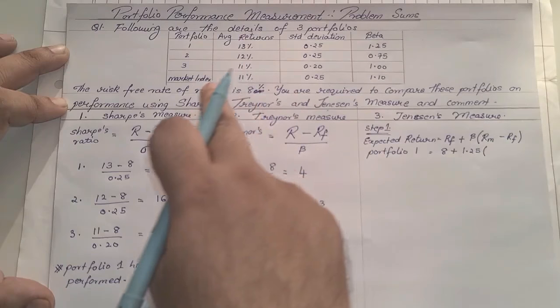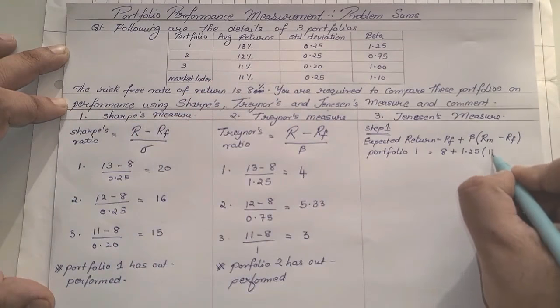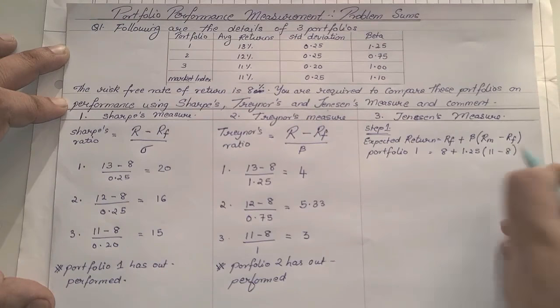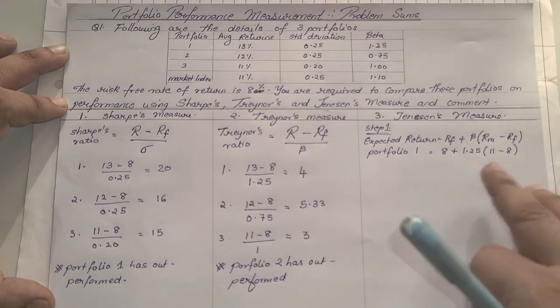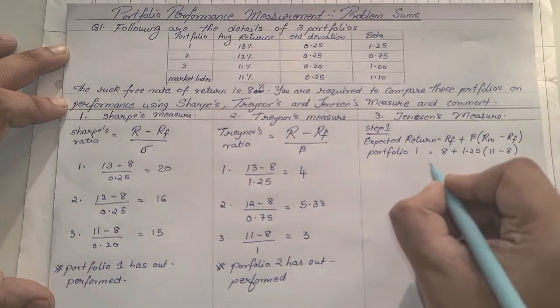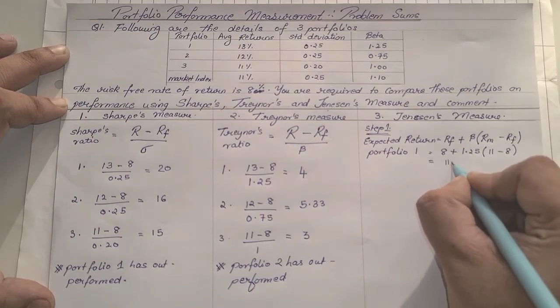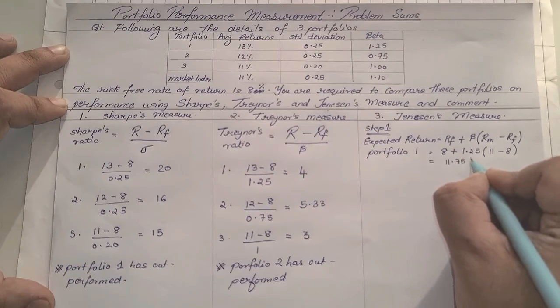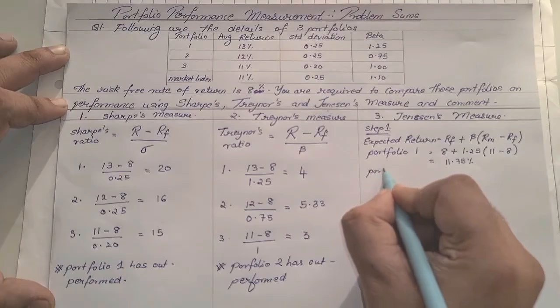The average return of the market is 11%, so we'll take it as 11 minus risk-free return, which was again 8. So it would be 8 plus 1.25 into 11 minus 8, which would be 3. So you multiply, you add, the value that you should have got for your portfolio 1 would have been 11.75%.